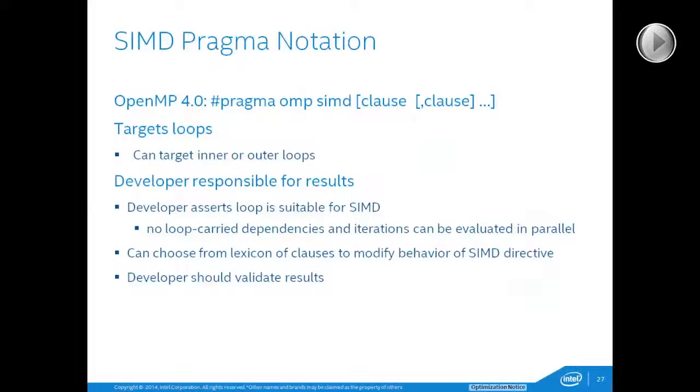Like I said, the pragma notations are a power which is given to the developer. So you've got to make sure this is not targeted at loops where you feel that vectorization can actually cause wrong results.